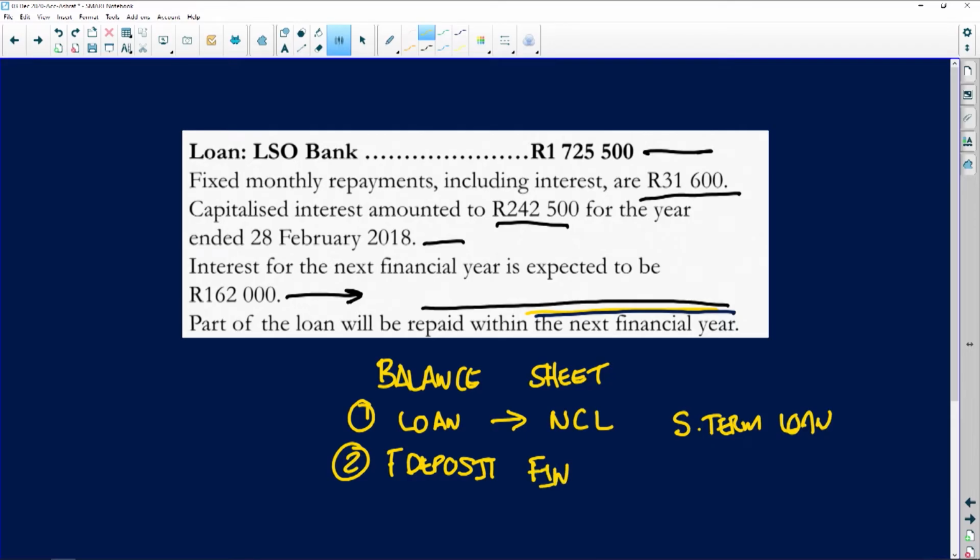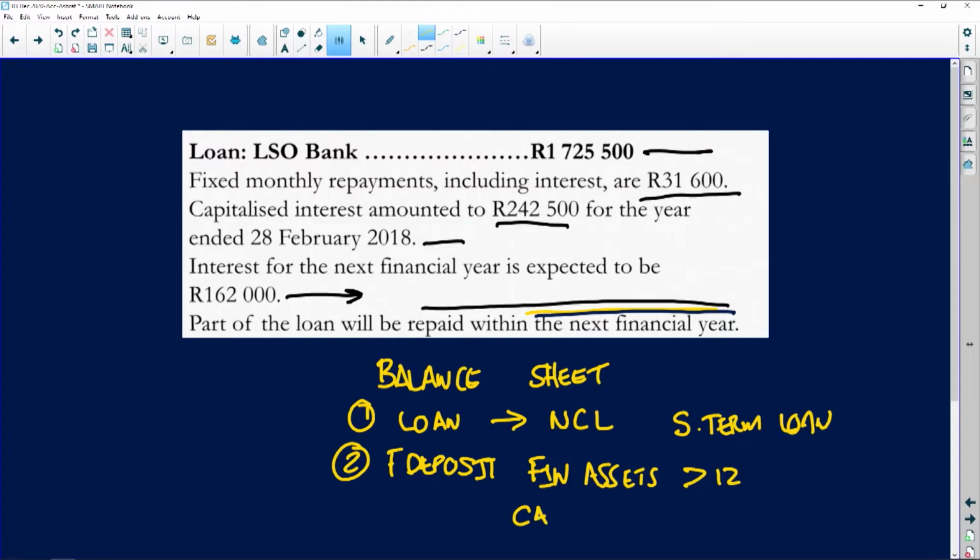One is your financial asset, and that is the amount that will mature over a period greater than 12 months. That is one part of it. And the second part will be that part of the fixed deposit that will mature within 12 months, within the next financial year. That has to become part of your cash and equivalents.